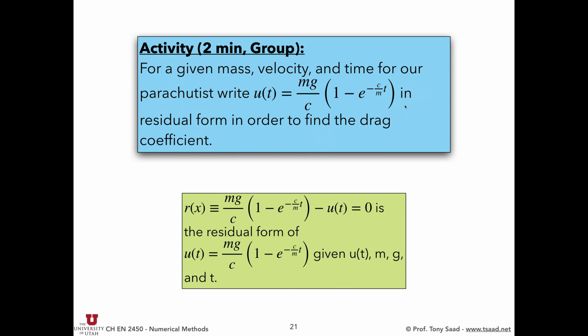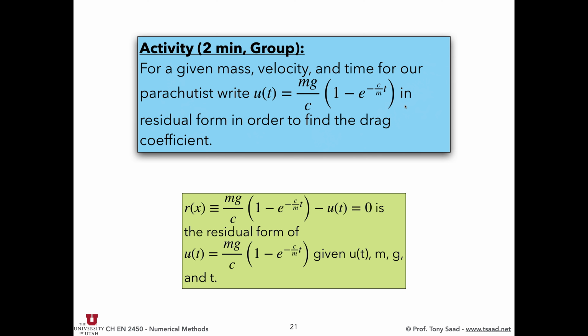Okay, the solution here is simply you subtract u of t from the right-hand side of the equation. Now remember, u of t is going to be a specified value. So it's equal to alpha essentially in the example we saw before.